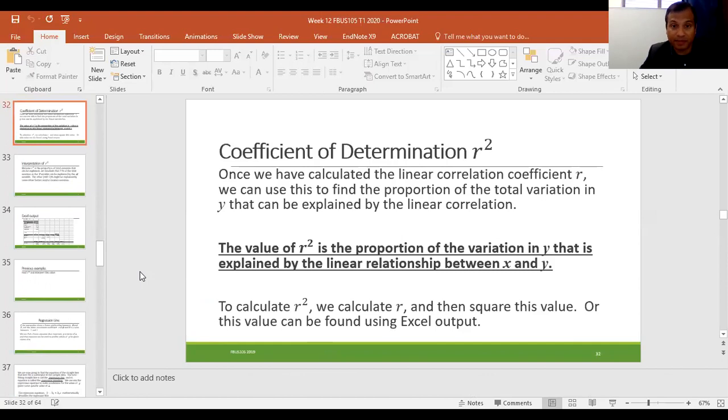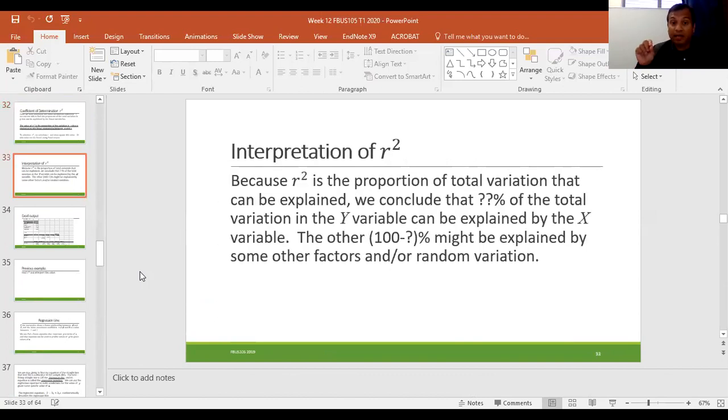The value of R square is the proportion of the variance in Y, the dependent variable, explained by the independent variable in the linear relationship between X and Y. So R square is the proportion of the total variance that can be explained.